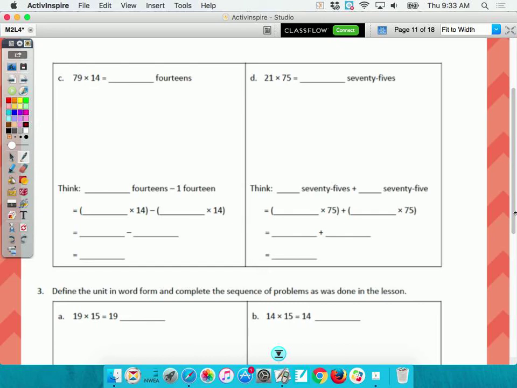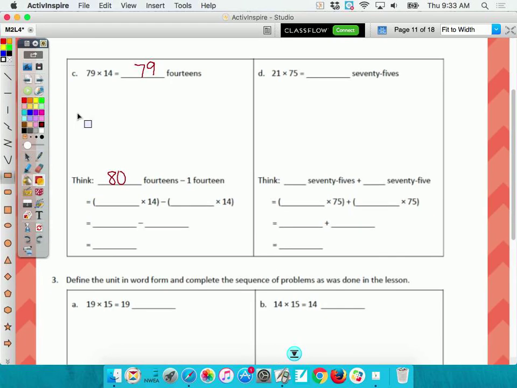I got 79 times 14, so what will that be up here? 79 14s, and somebody already told me what we're going to think of instead of 79 to solve it mentally. 80. Okay, get that written down. And they saved us some time, didn't they? Yes, they did. We don't have a lot of writing to do, which is nice.